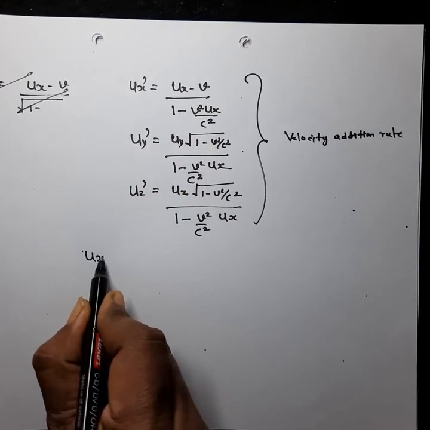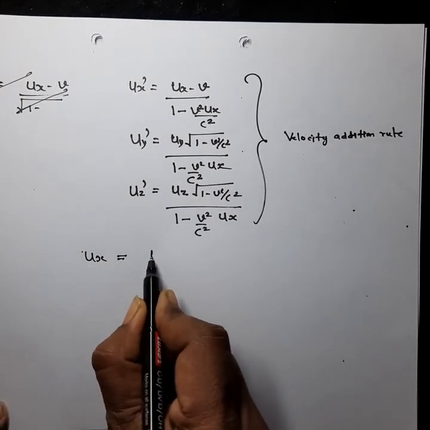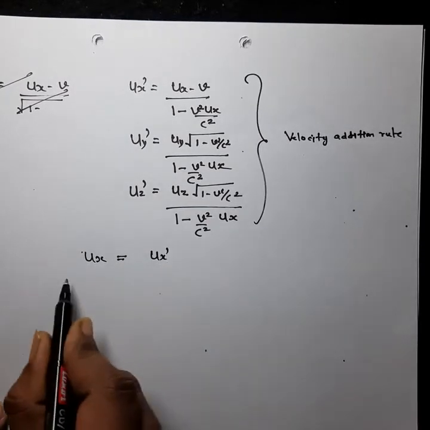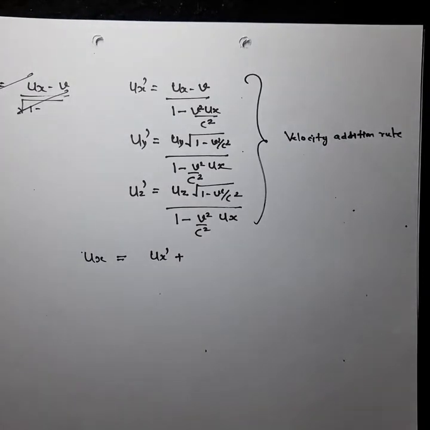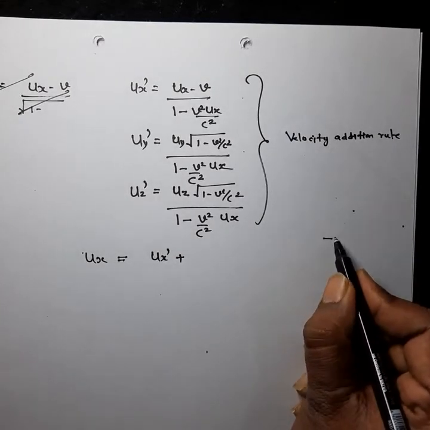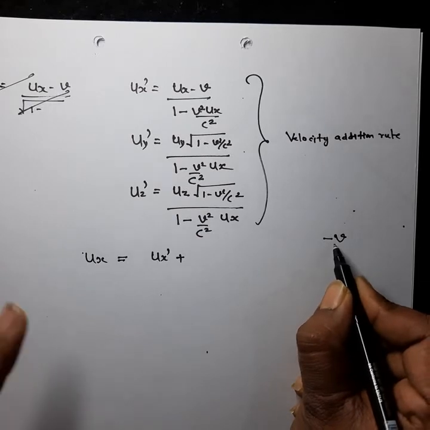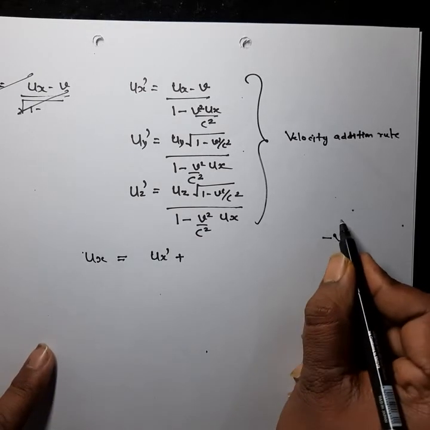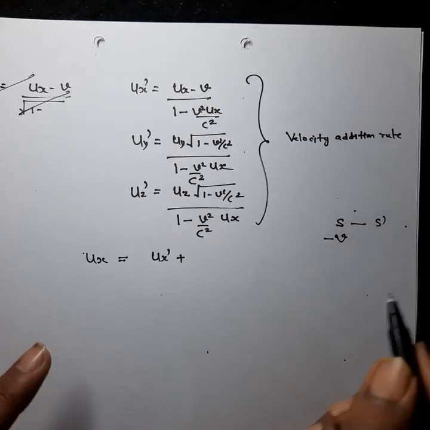So the velocity addition rule will be ux is equal to ux dash. This is called the inverse velocity addition rule. Like we have written the inverse Lorentz transformation, in which we have considered that S is moving with minus v velocity with respect to S dash.